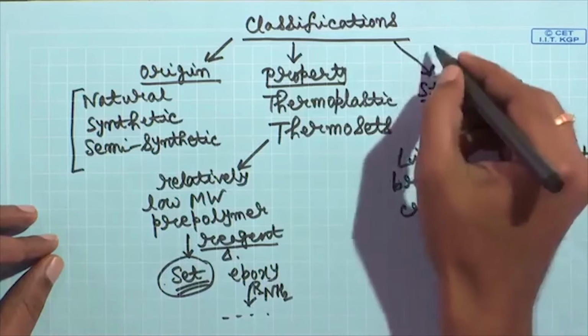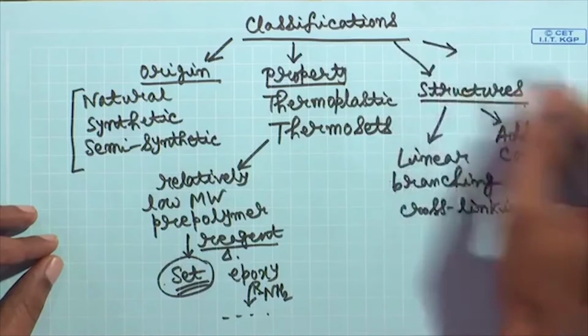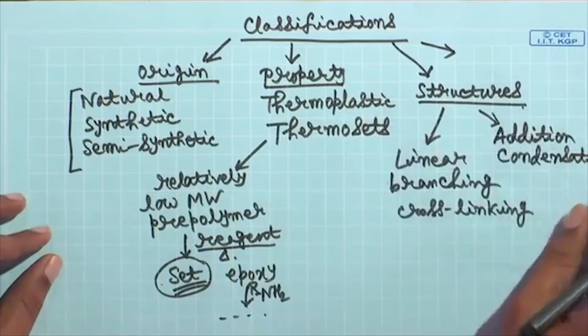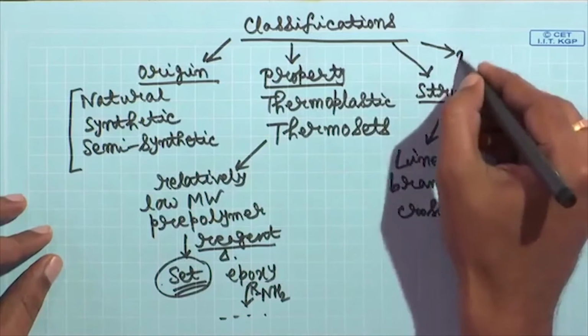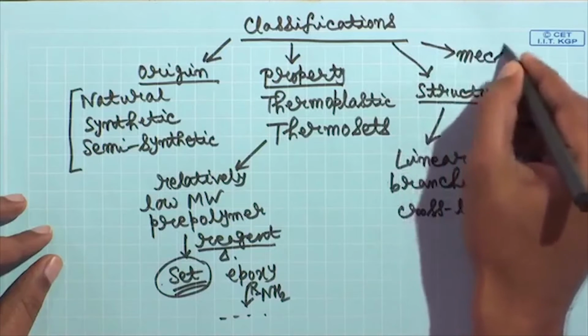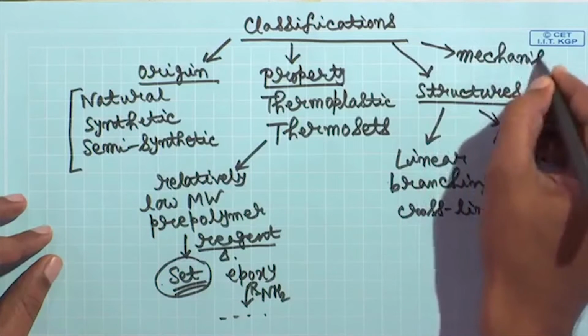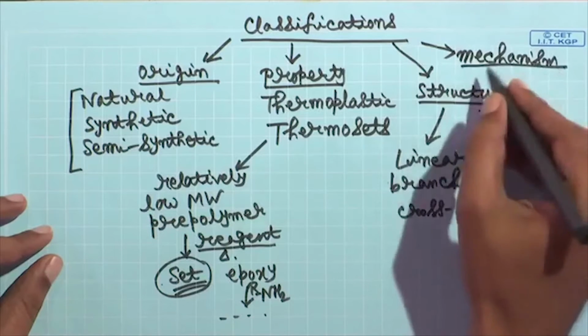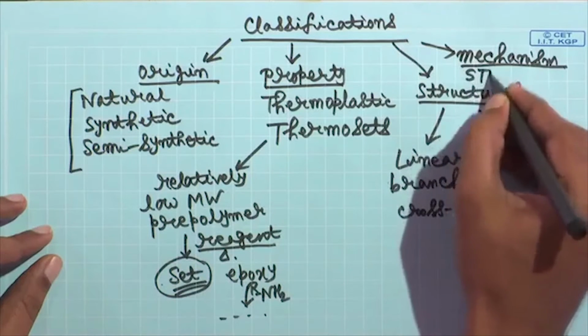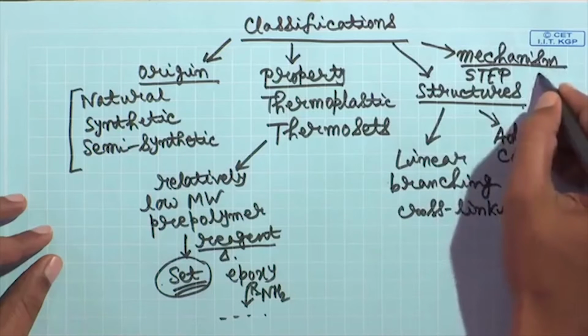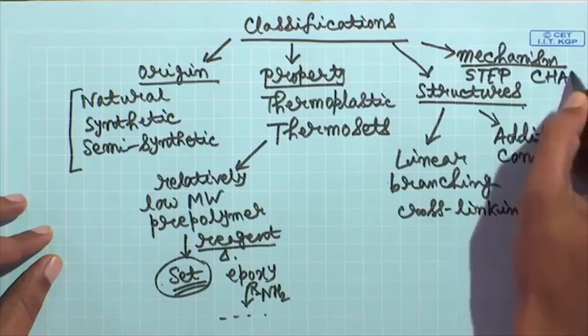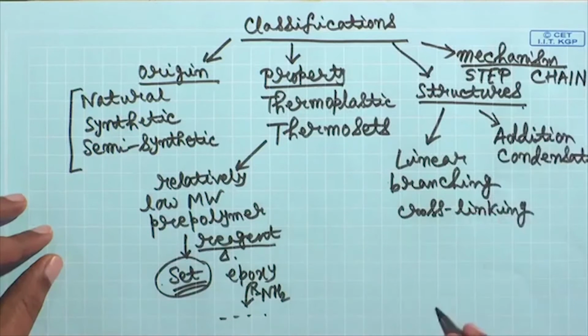And finally, on the basis of mechanism, you can have step growth polymerization, or you can have chain growth polymerization.